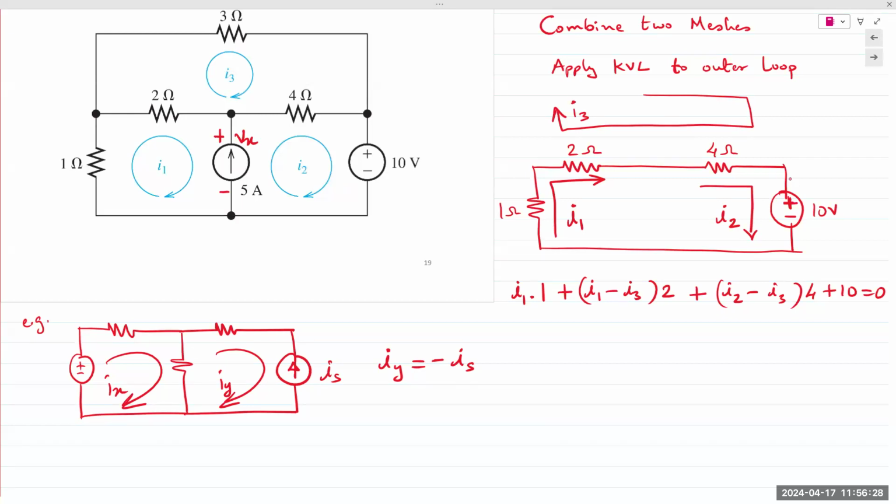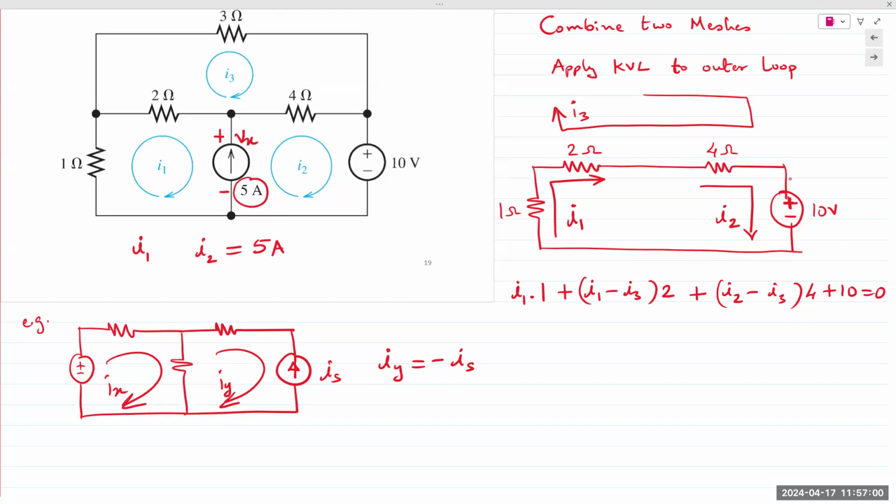And that leads me to ask, how can you express this 5 amp source in terms of I1 and I2? It will be the sum of the currents, yes. So you have I1 and you have I2, which should sum up to 5 amps.